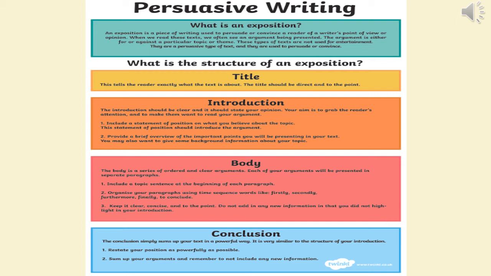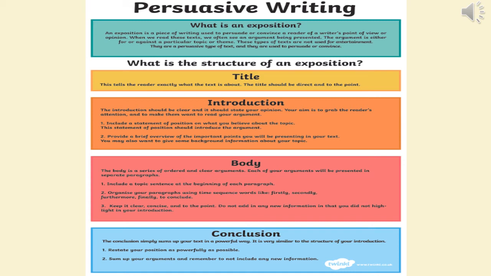Next is the main body of your persuasive exposition. This body is a series of ordered and clear arguments. Each of your statements will be presented in separate paragraphs and must include a topic sentence at the beginning of each paragraph.